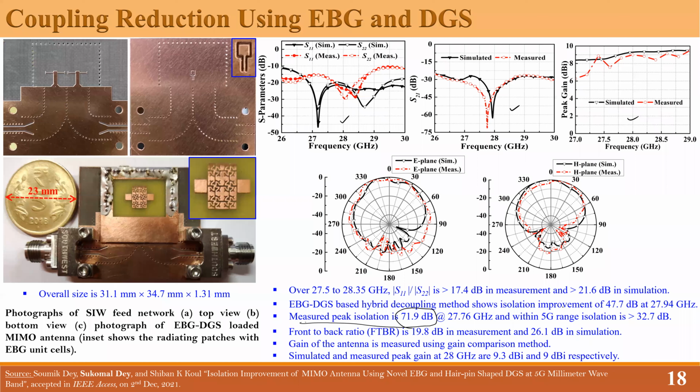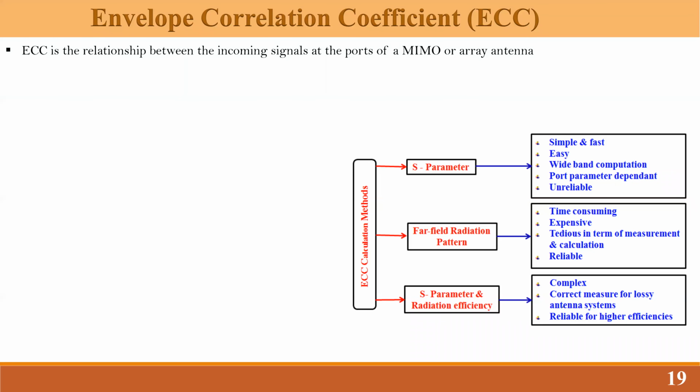Now, as we keep on talking about MIMO, in MIMO communications one of the very important things is the envelope correlation coefficient. Once the product is ready and you are targeting applications, you have to fulfill each individual parameter for that particular application.